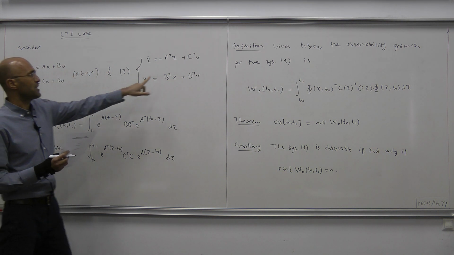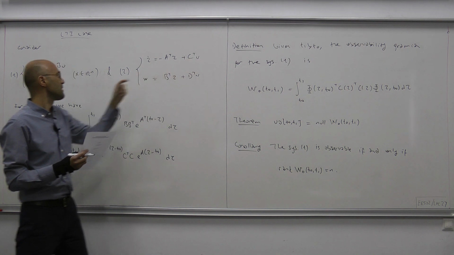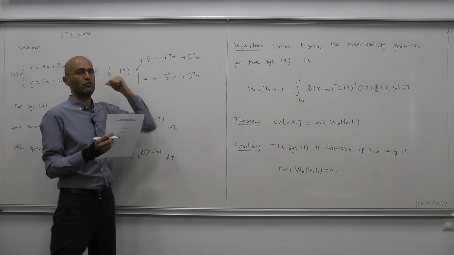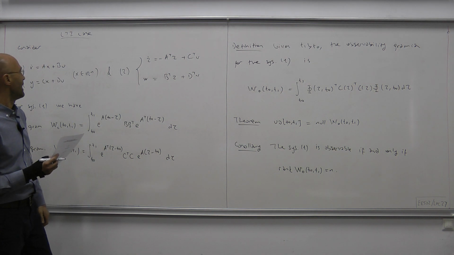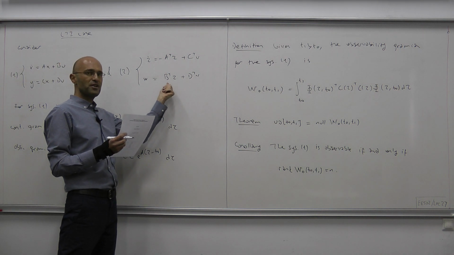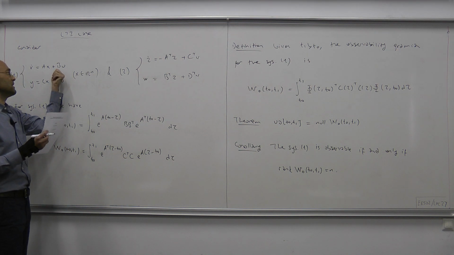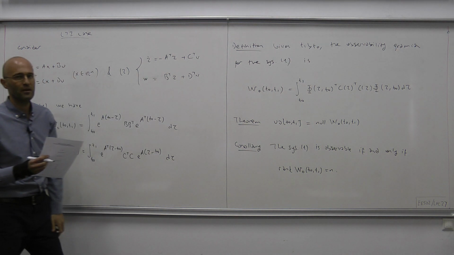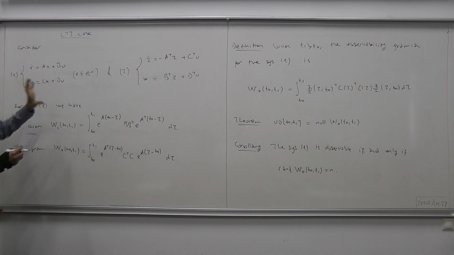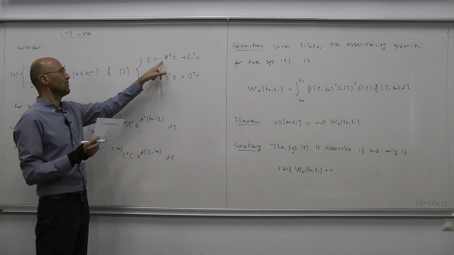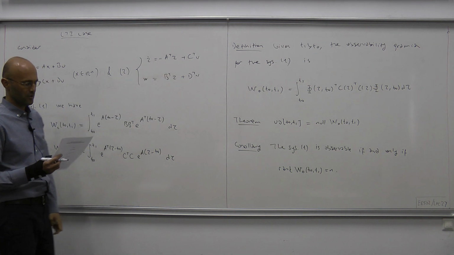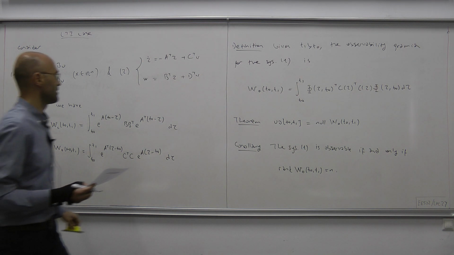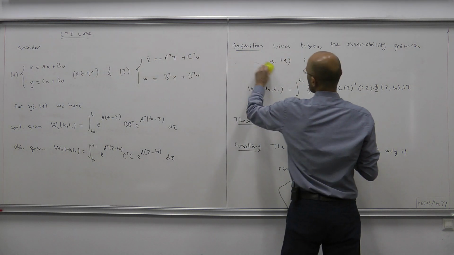The B matrix of second system is the output matrix of the first system transposed. And likewise, the C matrix of the second system is the input matrix of the first system transposed, and similarly for D. Okay, so you take everything, you transpose it, and for the A matrix, you put a minus sign in front.